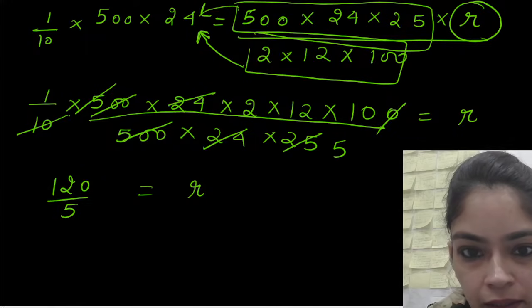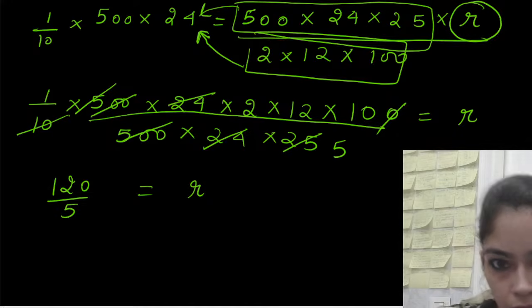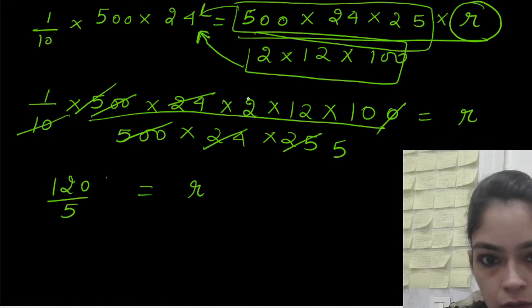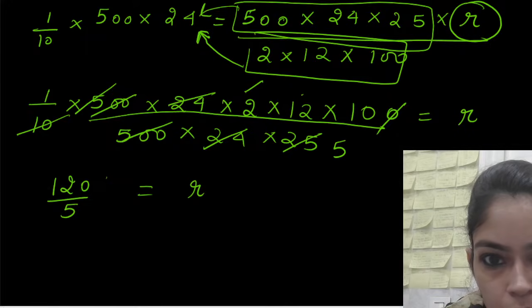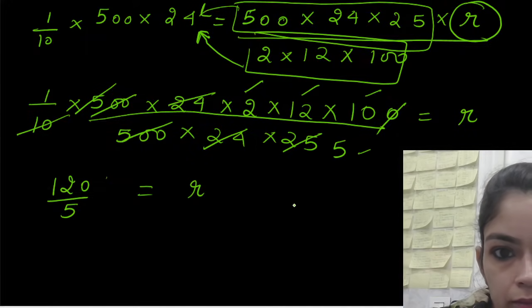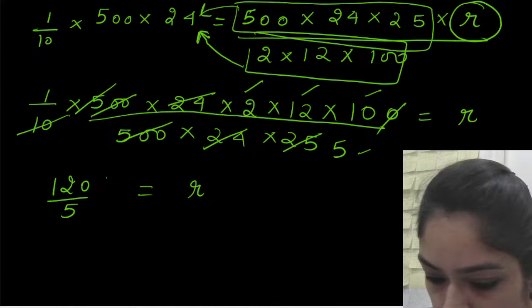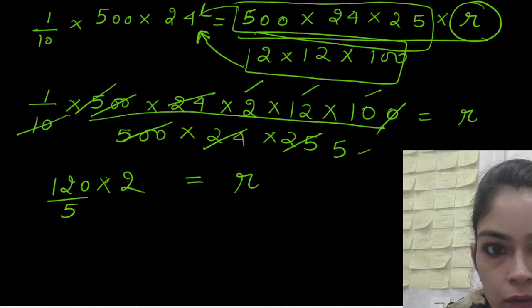24. One second, I missed this 2 also. Somewhere we are left with this 2, 12 and 10 and here 5. 24. 120 into this is 2.